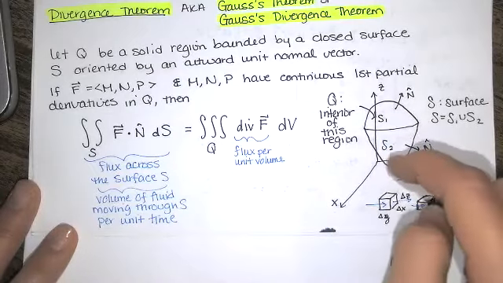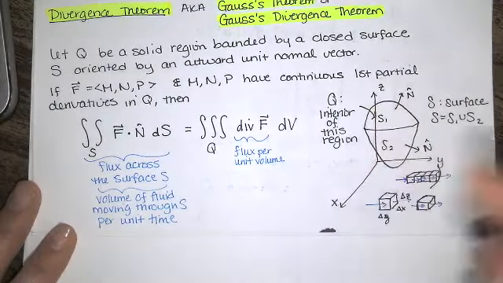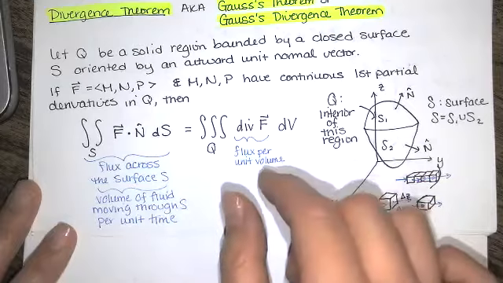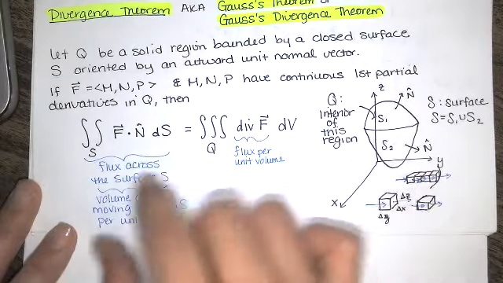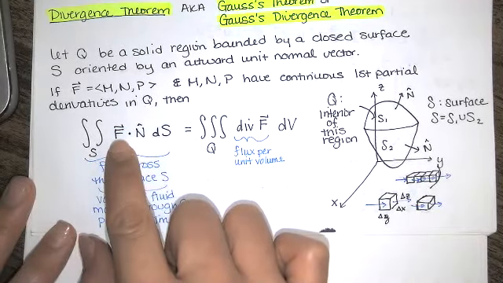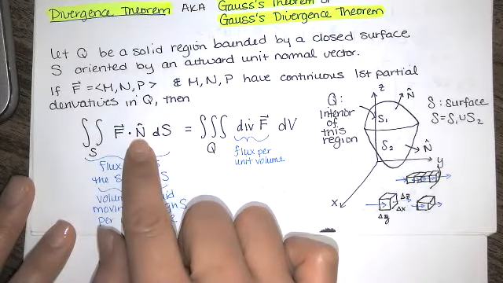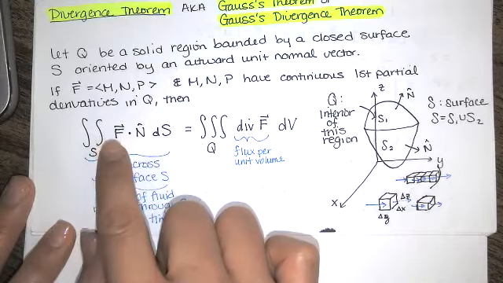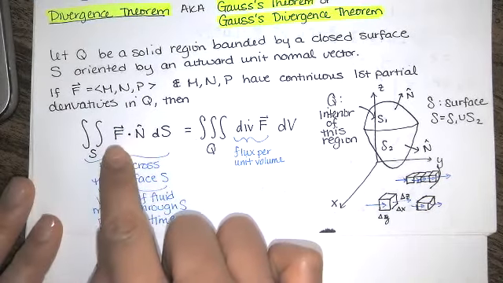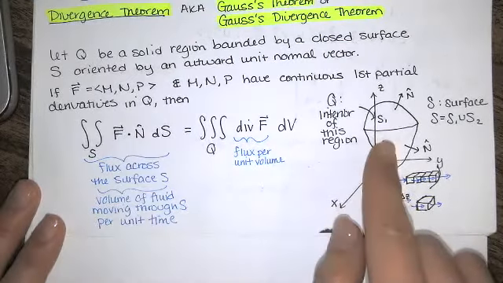I just let z go from the equation of this surface to the equation of this surface, look at the projection onto the XY plane, describe that as my region R, and then evaluate this one triple integral. Over here, I initially have my field in terms of X, Y, and Z, but now I need my field and n hat in terms of X and Y for this surface.